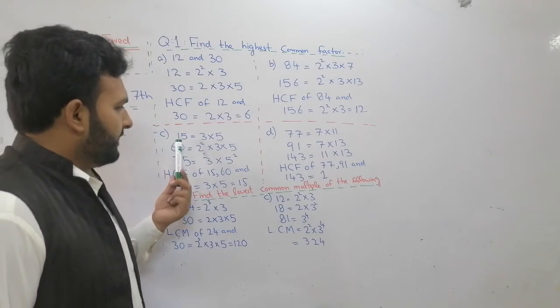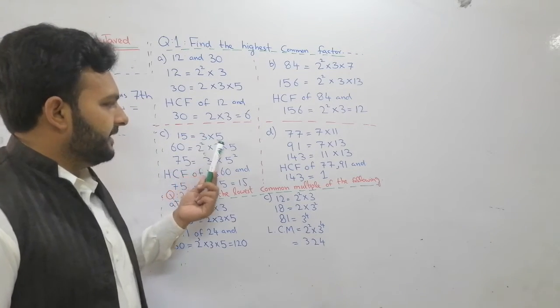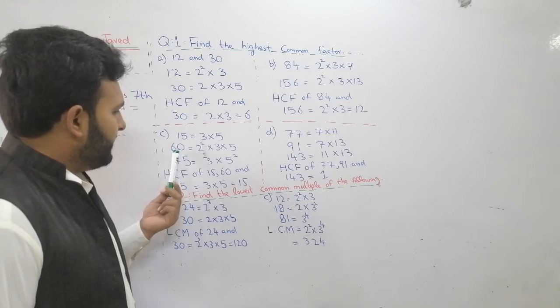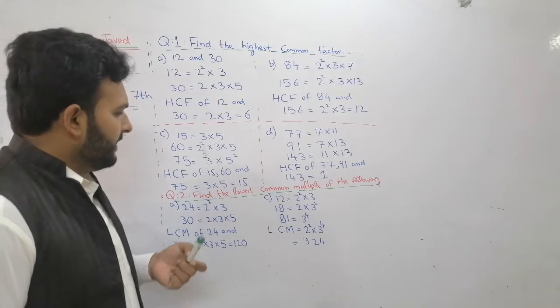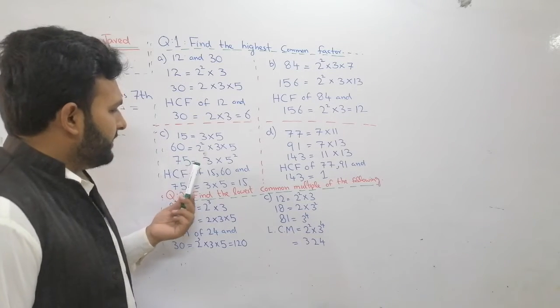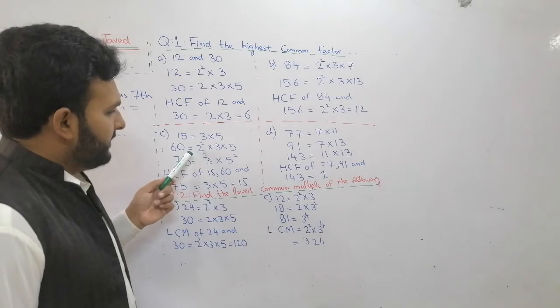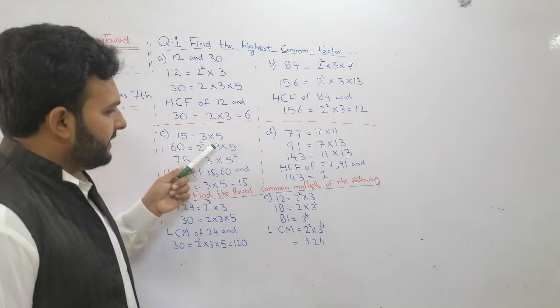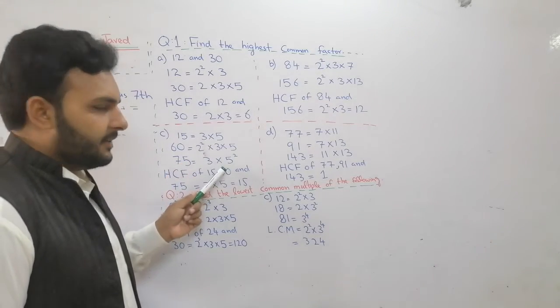Now 15, 60 and 75. The prime factors of 15 are 3 and 5. The prime factors of 60 are 2 into 2 into 3 and 5. And 75 is 3 into 5 power 2. Now we will see what is common. First of all, 3 is common, and 5 is common.